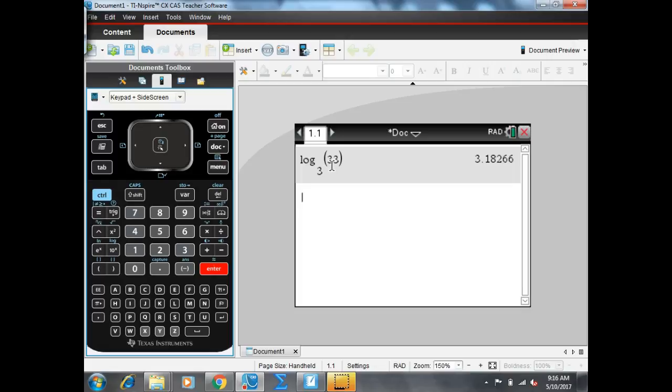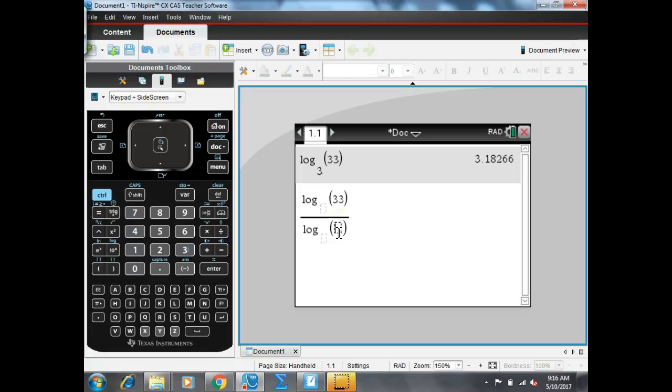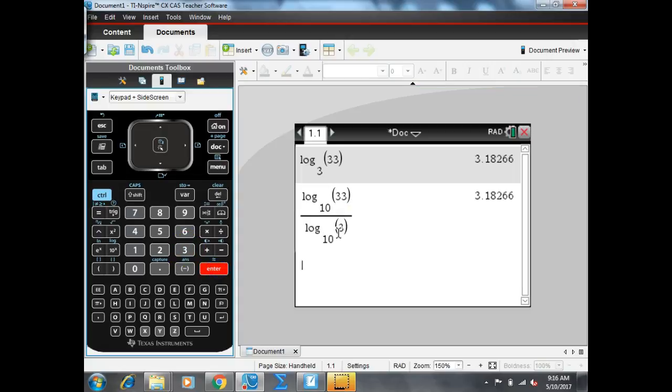Now, if I were doing this the other way, I would just go log of 33 divided by log of 3, or I could go natural log of 33 divided by natural log of 3.